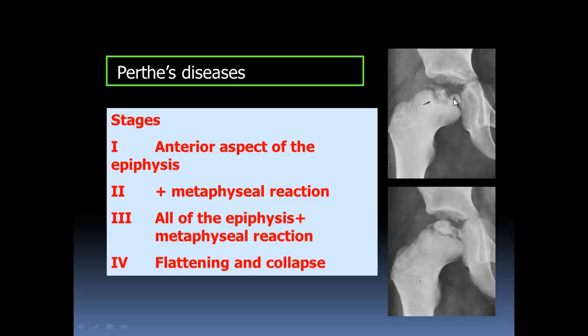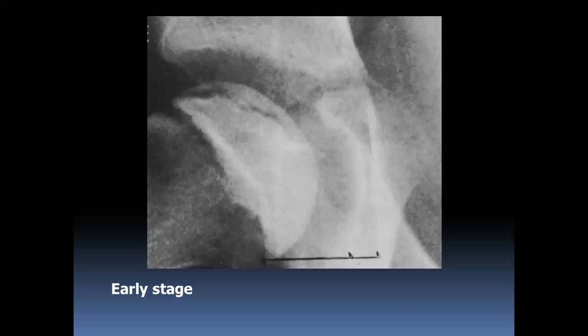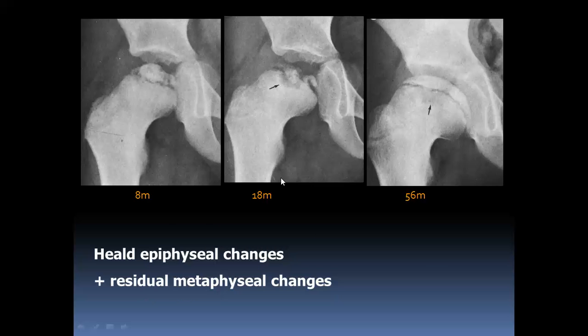Sclerosis, fragmentation, and flattening are the stages of Perthes disease. Here, if we say that there is sclerosis, then fragmentation, and then flattening. Of course, this is healed, but there is residual metaphyseal change, and there is flattening of the femoral capital epiphysis.